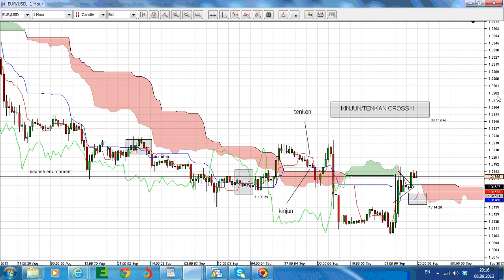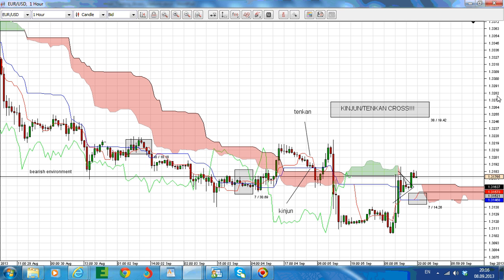A bullish cross is happening when the general market is trending to the downside, and if for whatever reason one is looking for a possible reversal in trend, he or she should know such a reversal is not going to happen until the Kinjun and the Tenkan lines cross.